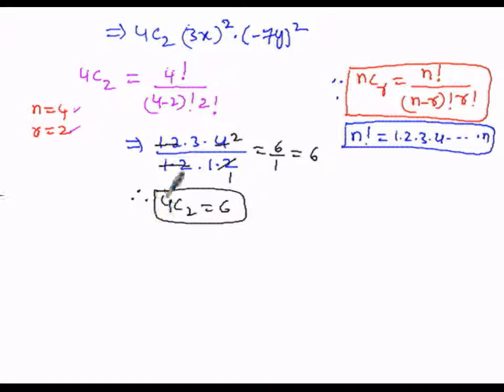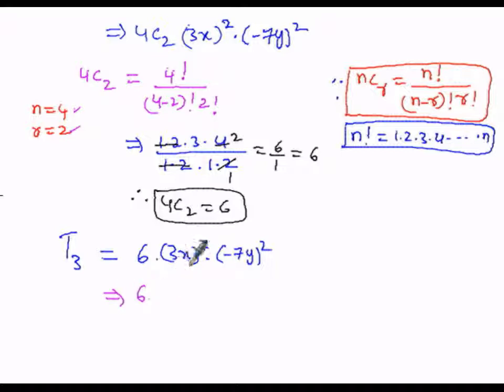Now by substituting this 4C2, we get the third term, that is the middle term, equal to 4C2, its value is 6, into (3x)^2 into (-7y)^2. That implies 6 into 3 raised to the power of 2.